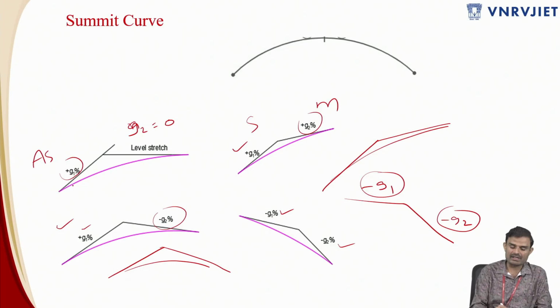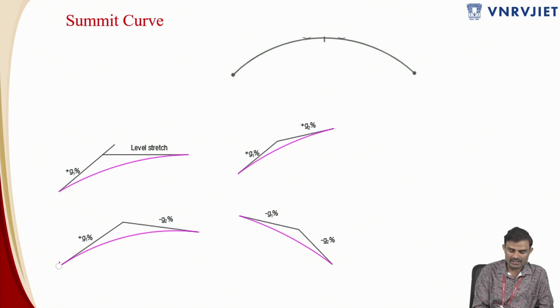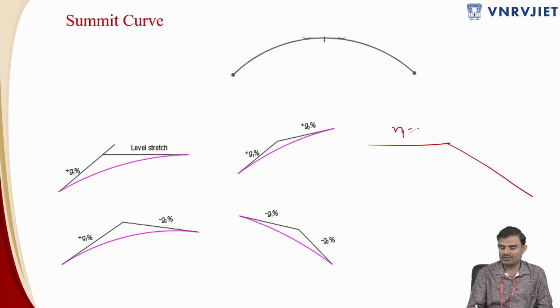This is again an upward, rising gradient which is positive, and this is a level stretch which is 0. The other way it can be formed, one extra case: a horizontal road meeting a falling gradient, so G1 is equal to 0 and G2 is equal to minus G2. That case was missing here.